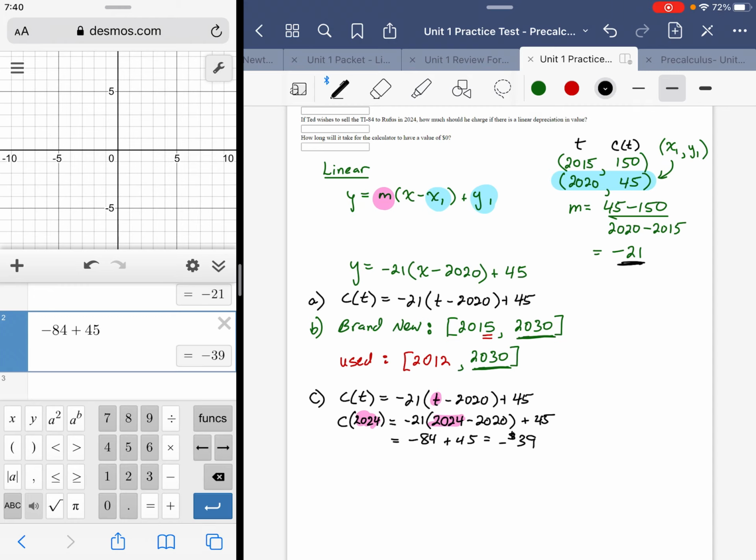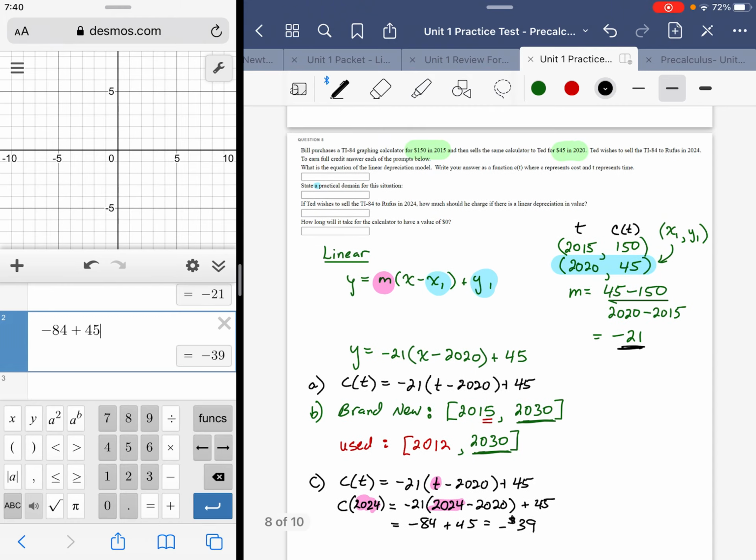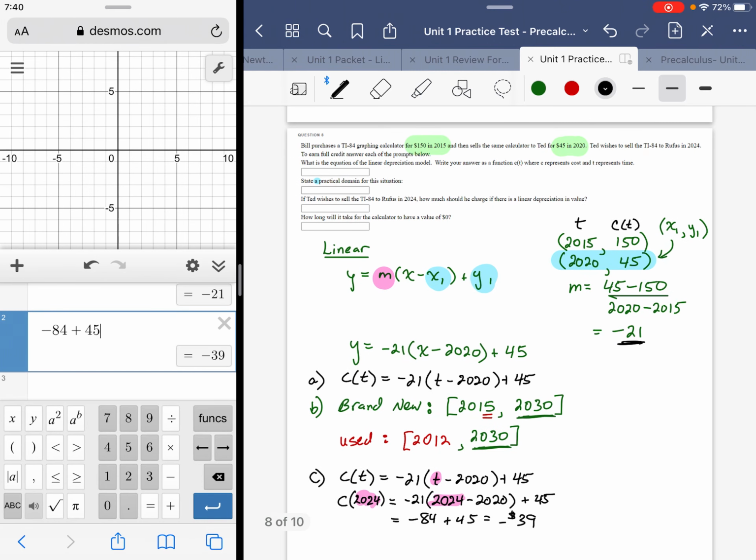It's losing a value of $21 every year. If it's only worth $45 in 2020, in 2021 it's only worth $24, then it's worth $3 in 2022, then negative $18, and then you get to your negative $39.